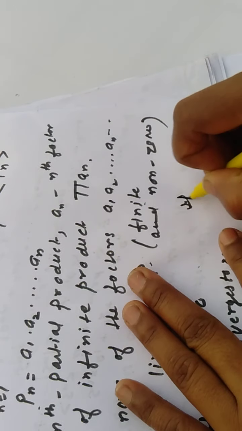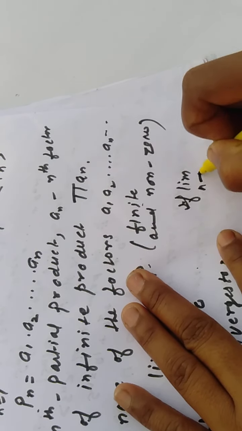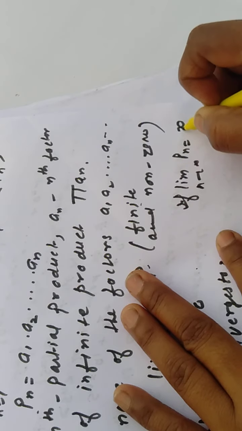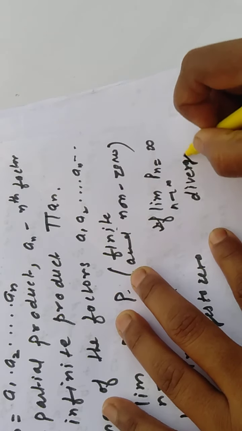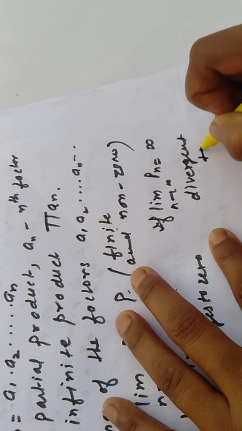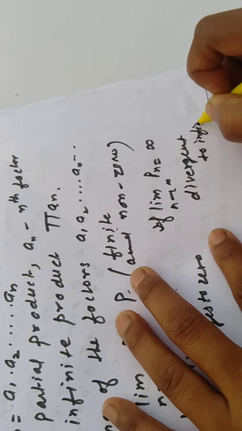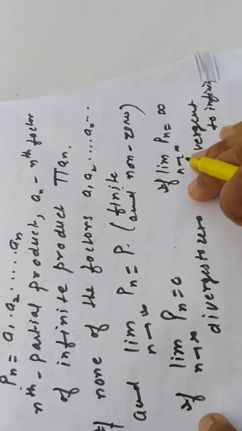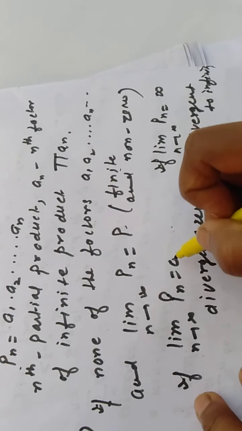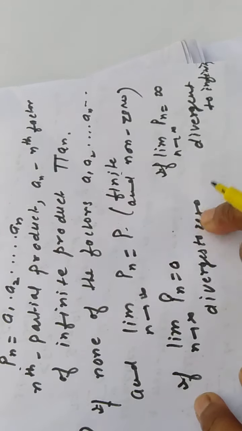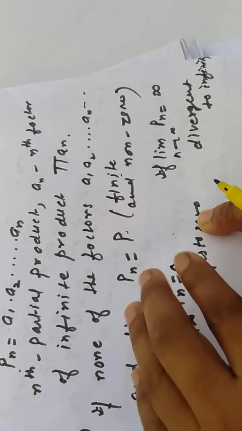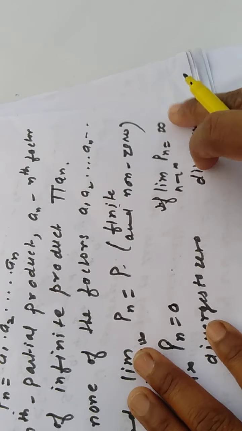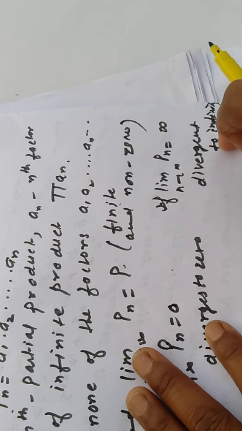And if limit n approaches to infinity, Pn is infinity, we say that the product is divergent to infinity. So keep in mind, if the limit is 0, even then the product is divergent, but here none of the factors is 0.